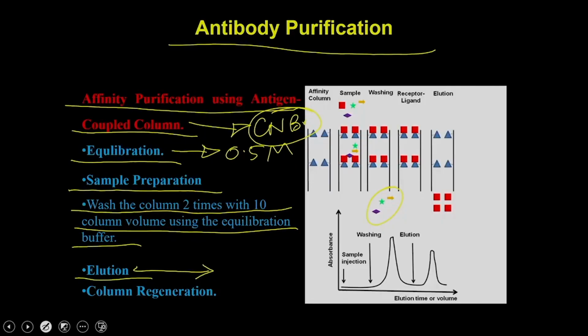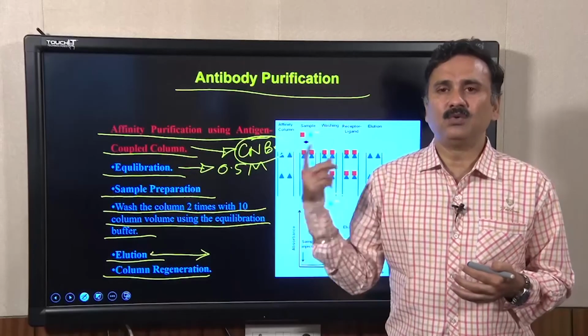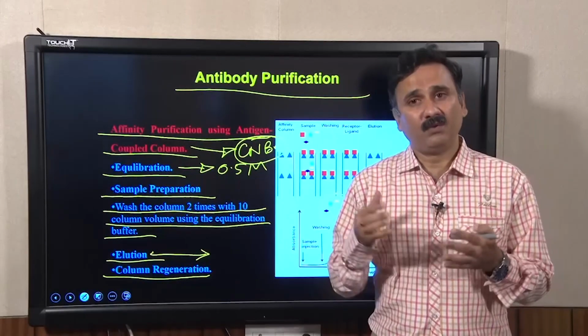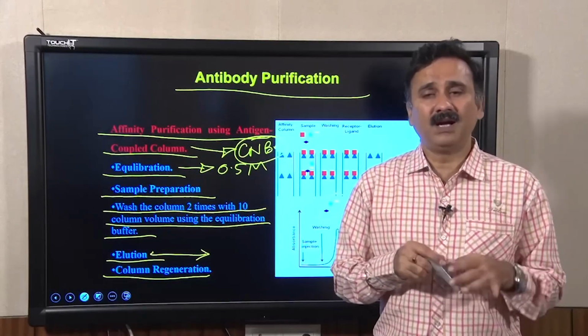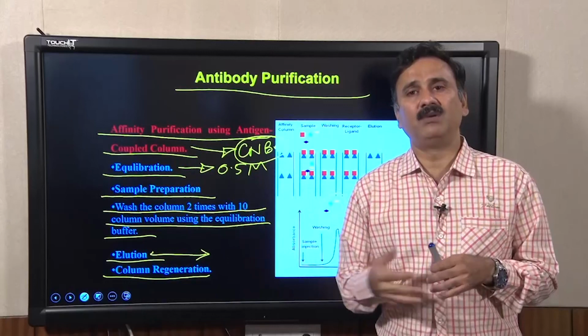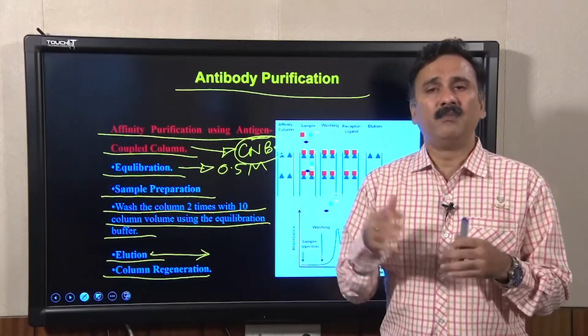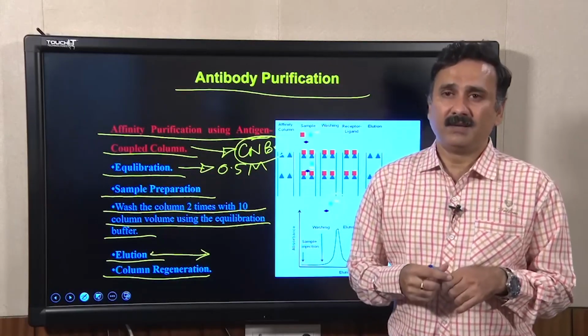Once you are done with the elution, you can wash the column with high salt concentrations, chaotropic salts and other materials, and then your column is ready to run for the second round. But if you are not going to run it at that moment, then you have to preserve this column in 20% alcohol containing 0.05% sodium azide.